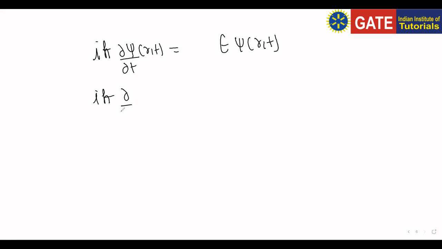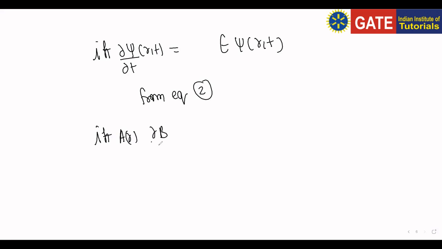We have i h cross del psi upon del t of r and t equals E psi of r and t. What is the value of del psi by del t from equation 2? i h cross A of r del B by del t equals E A of r B of t, right?